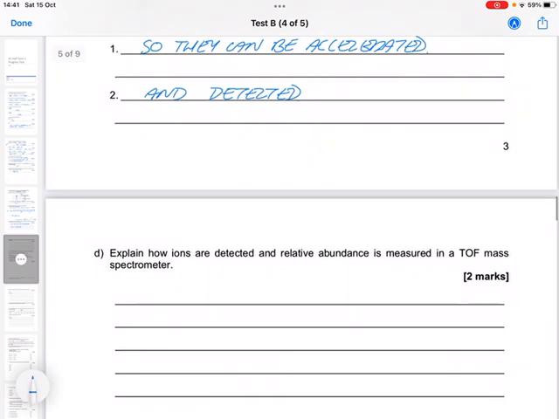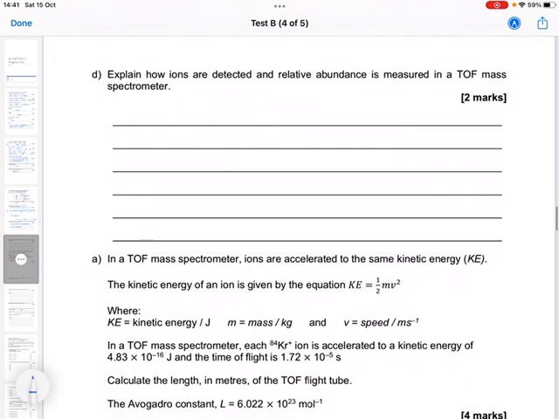D, explain how ions are detected and the relative abundance is measured. So the way they are detected then, they gain an electron, which generates a current.